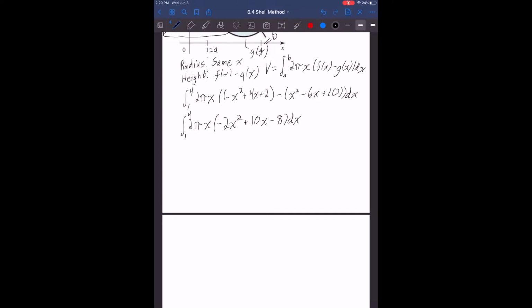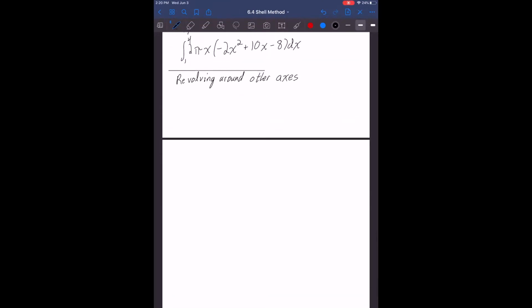Okay, so the third and final difference that we're going to talk about, or different technique that we're going to be talking about, is going to be other axes. So like x equals 1 or y equals 14. So this is going to be revolving around other axes.